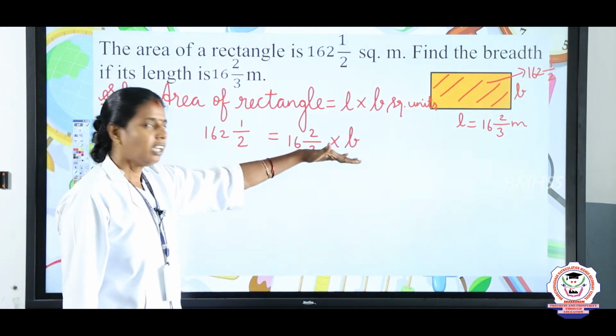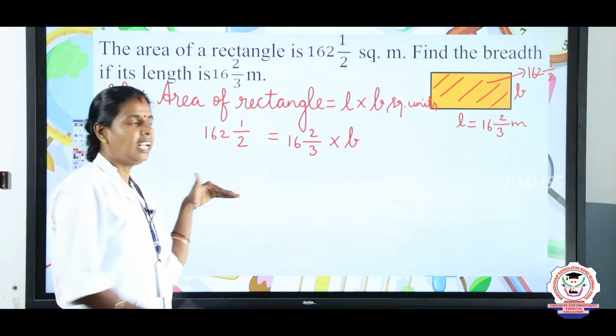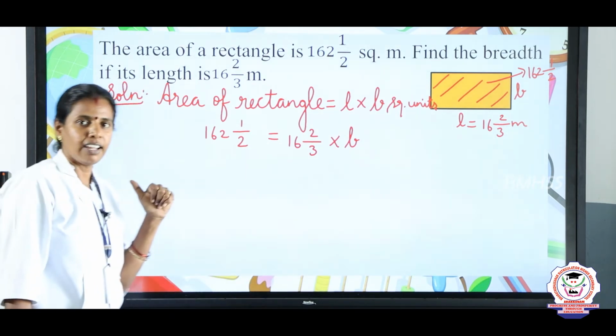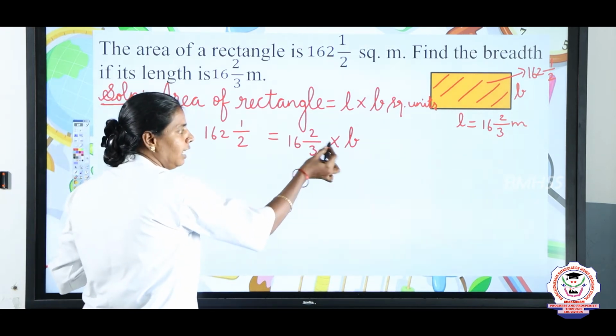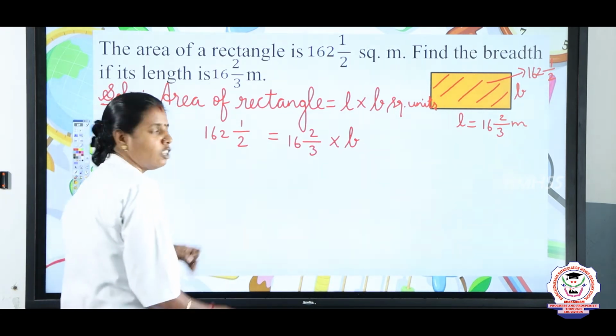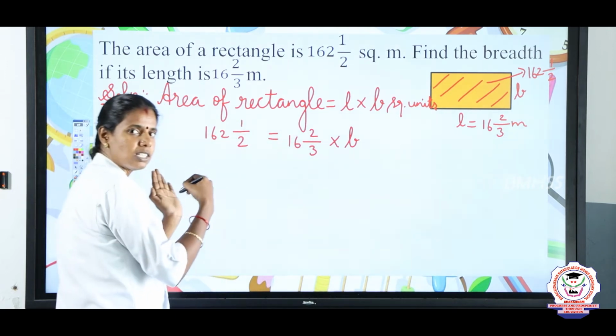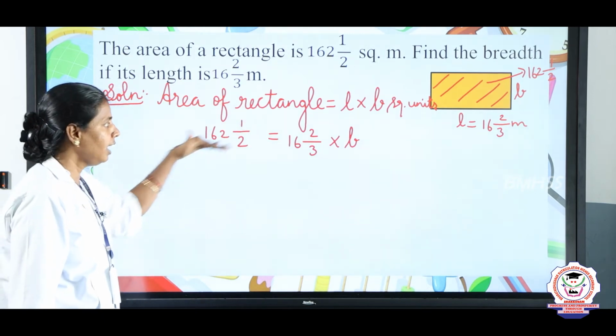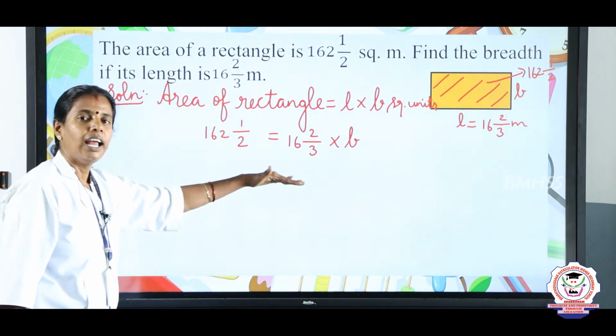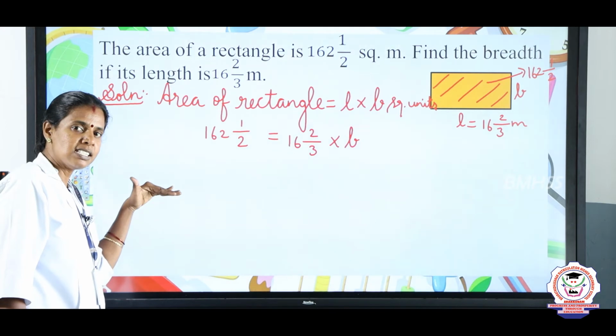So we are going to keep breadth on the left side and all the remaining numbers on the right side. First we will transpose the 16 2/3, which is in multiplication. The opposite of multiplication is division, right? When you transpose this number to the opposite side, it is in multiplication, so it will be transposed as divide.